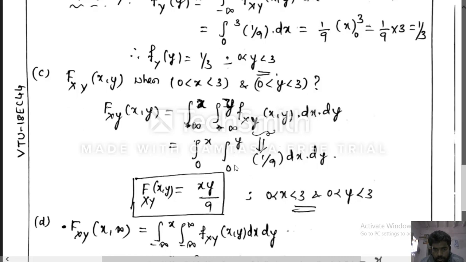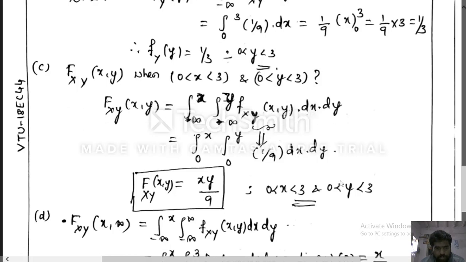Since the lower limit is 0, this integral results in y. Therefore the joint CDF value is F_XY of x comma y equal to x into y divided by 9 for the x range between 0 to 3 and y range also between 0 to 3. Therefore the joint CDF is x into y divided by 9 for the x and y values between 0 to 3.